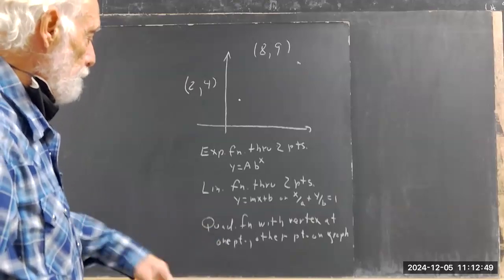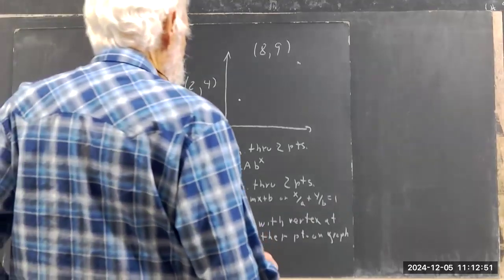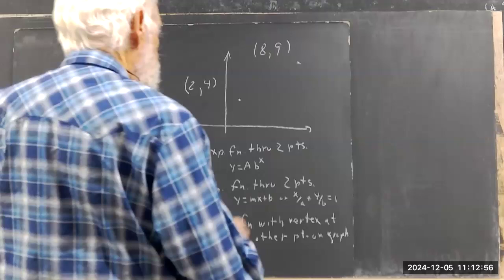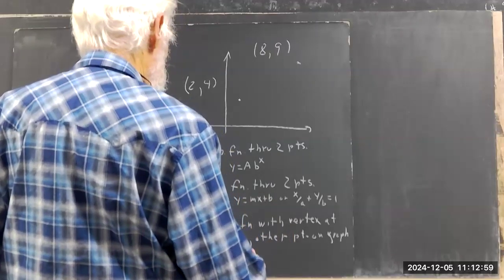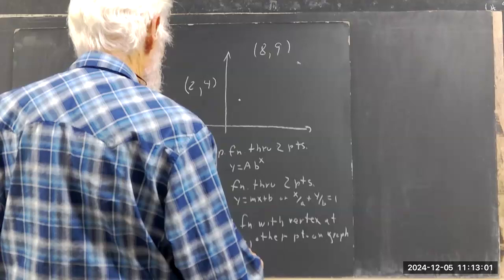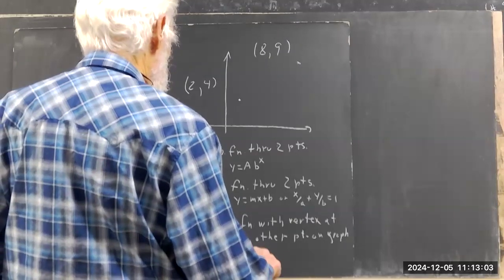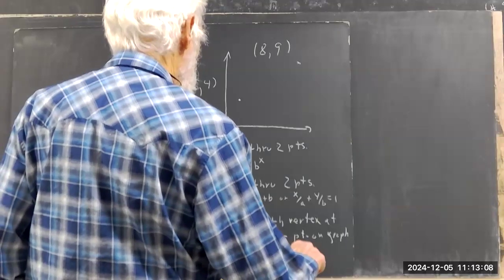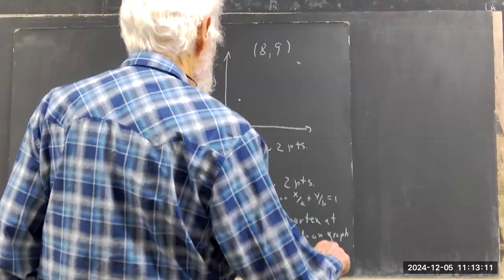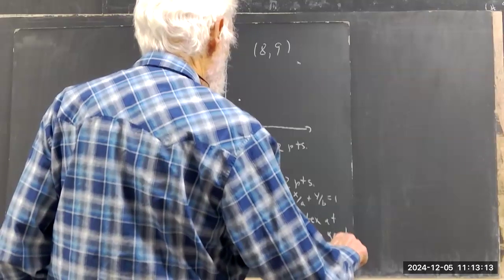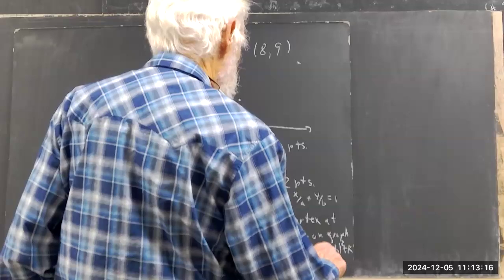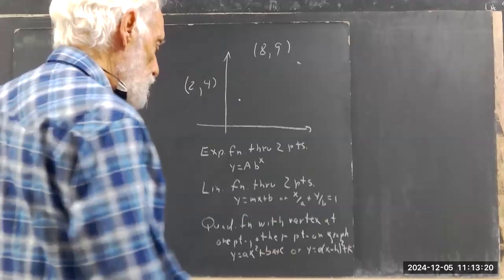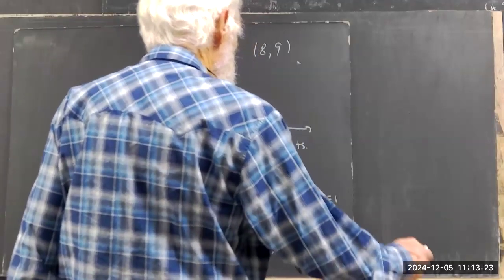In a quadratic function, when you have the vertex at one point and the other point on the graph, we want to use the vertex form. The general form is y equals ax squared plus bx plus c. The vertex form, which we should know, is y equals a times the quantity x minus h squared plus k.